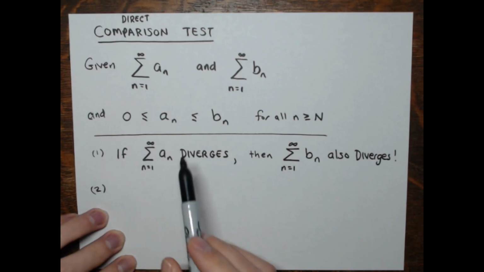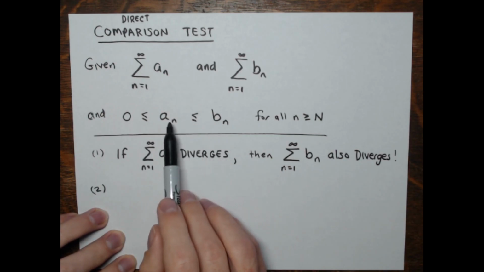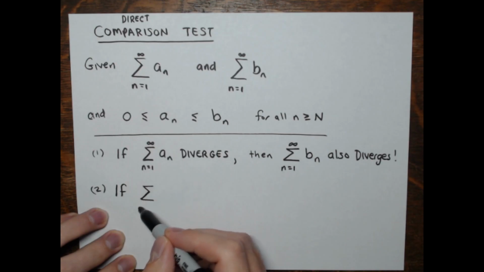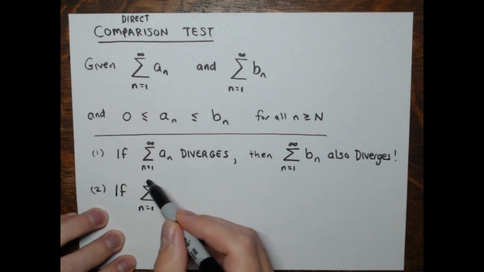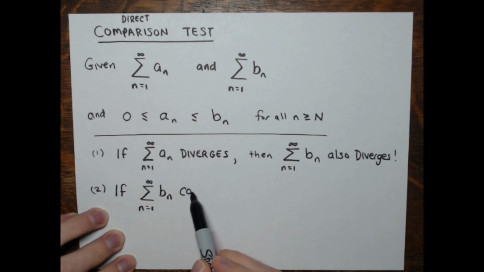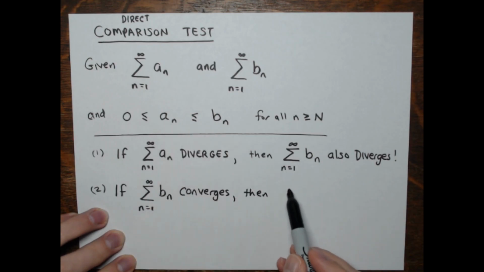The other case is, if the series of larger terms converges, then being smaller, the series of smaller terms must also converge. So if the larger series, the b's here, converges, then the smaller series must also converge.